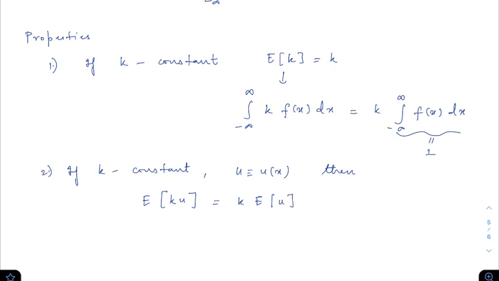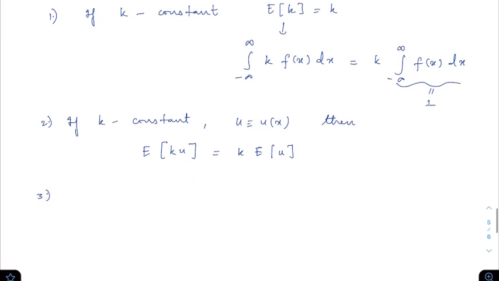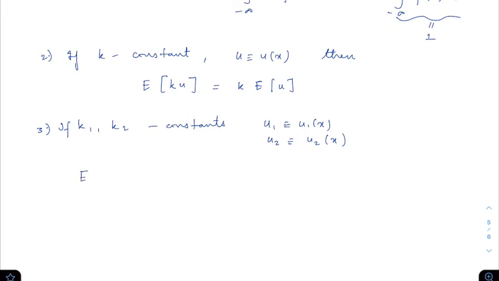And lastly, if k1 and k2 are two constants and u1 and u2 are functions of x, then the expectation value of the linear combination of u1 and u2, defined like this, is the same as the linear combination of the expectation values of u1 and u2.